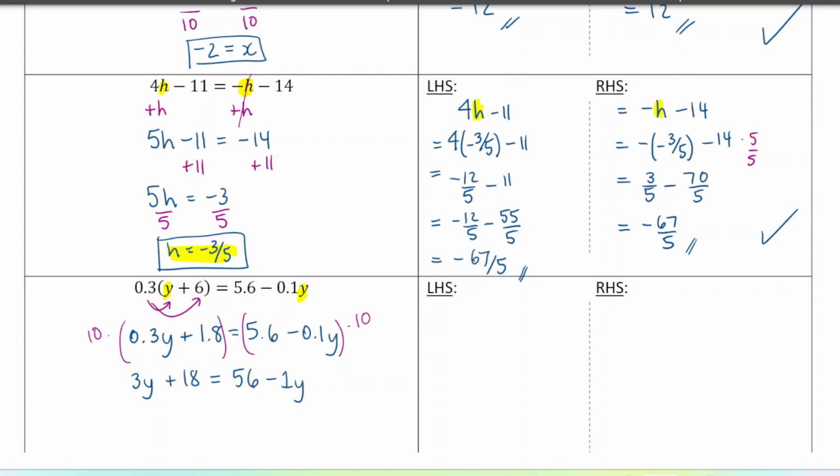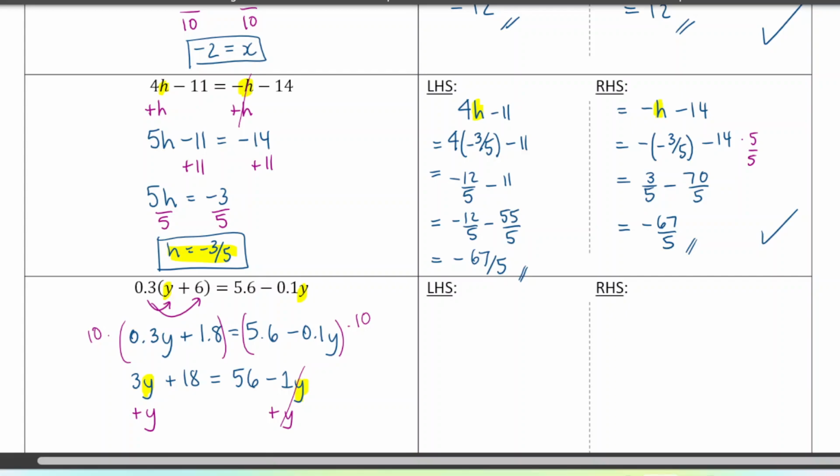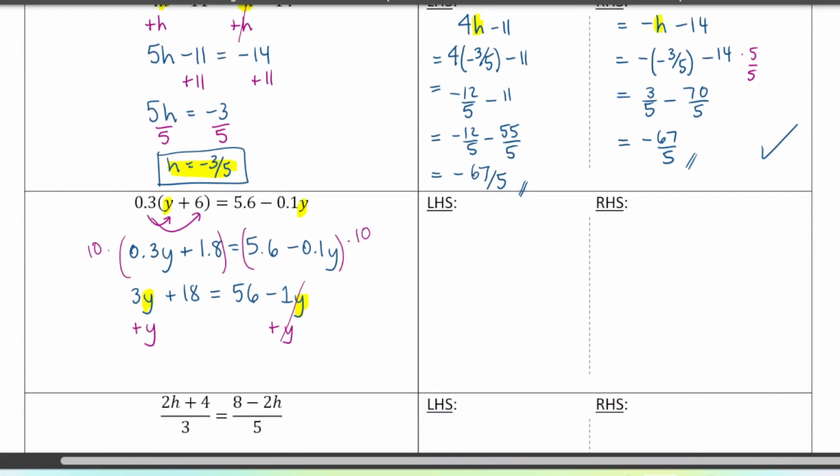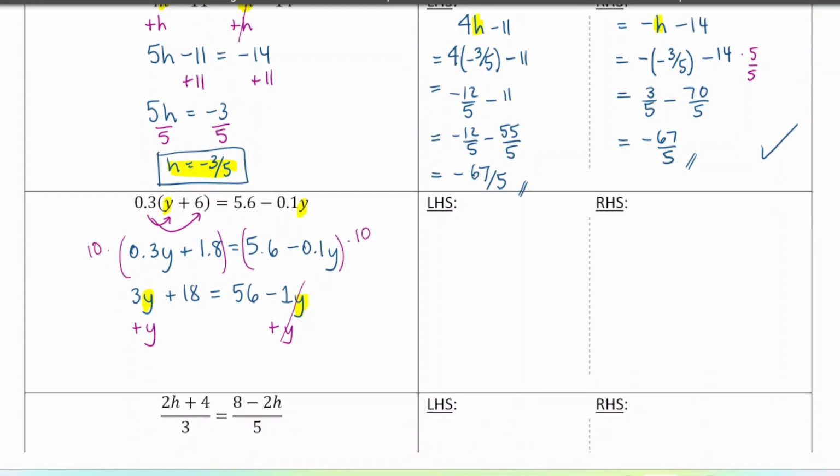And then I'm going to go ahead and work on moving all the y values to one side of the equation. So I'm going to decide to add 1y to both sides. Okay, let me just give myself a little more space. I might run out of room here, but that's okay. So I'll have 4y plus 18 equals 56.